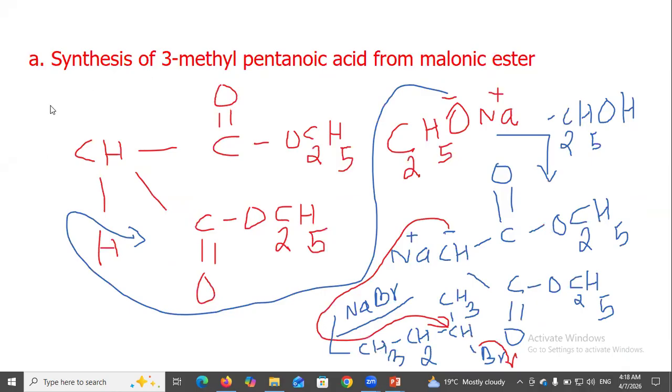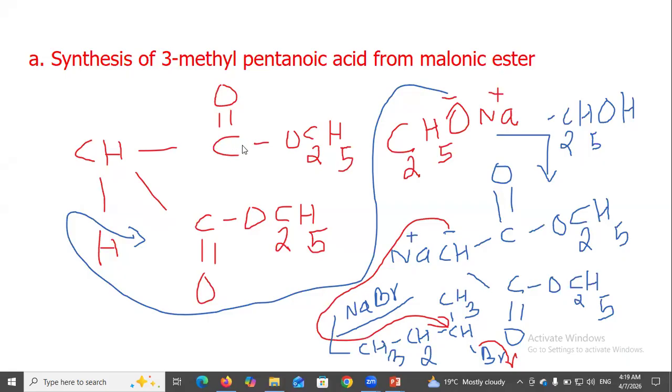Synthesis of 3-methyl pentanoic acid from malonic ester. This hydrogen is abstracted by sodium ethoxide, and sodium bromide is released as it is treated with the alkyl halide.